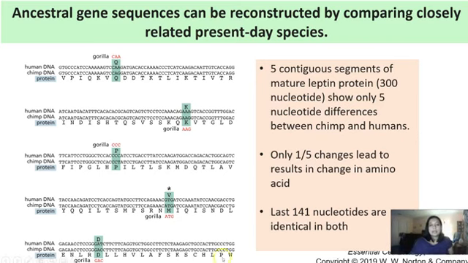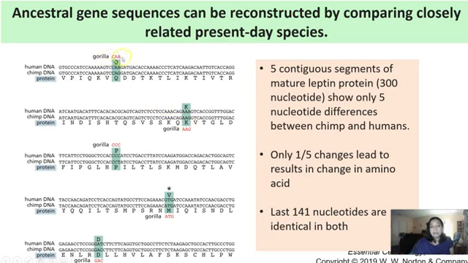It's taking care of about 300 amino acids, or 300 nucleotides rather. And this is the sequence, and what we're looking at is primarily human and chimp DNA over these 5 rows. And you can see that there are very few differences in this 300 nucleotide sequence. You actually have only 5 nucleotide differences between chimps and humans.